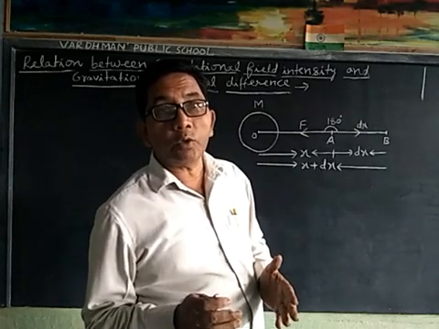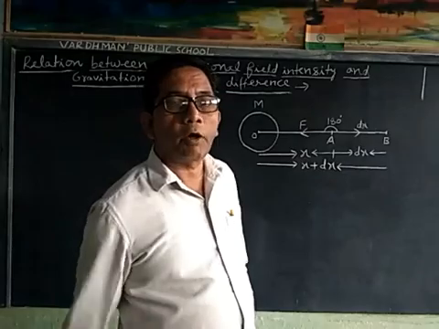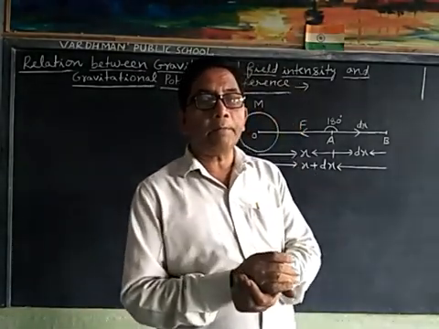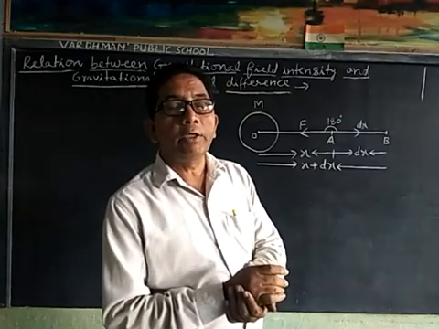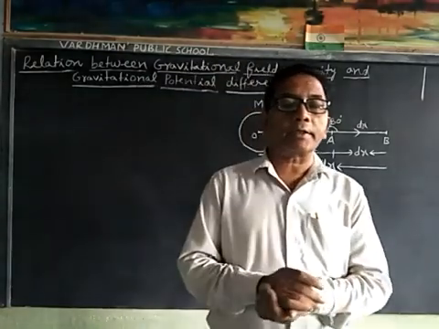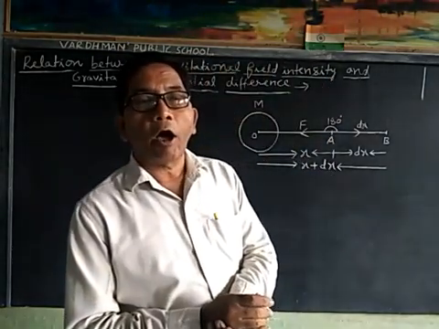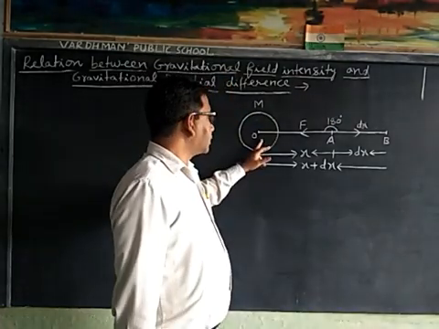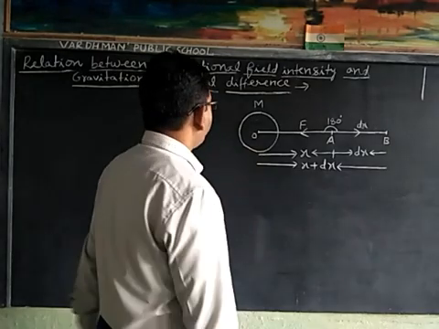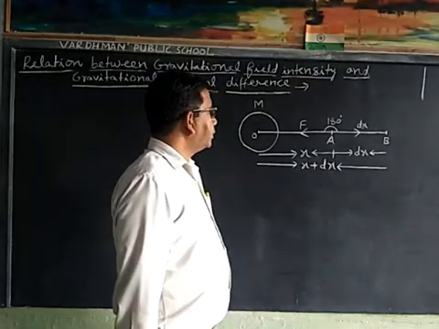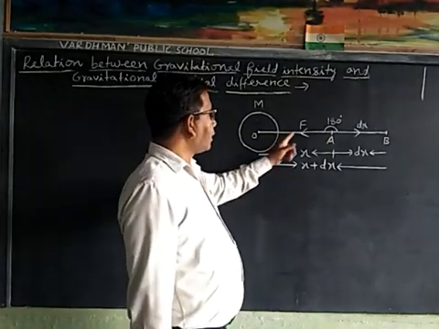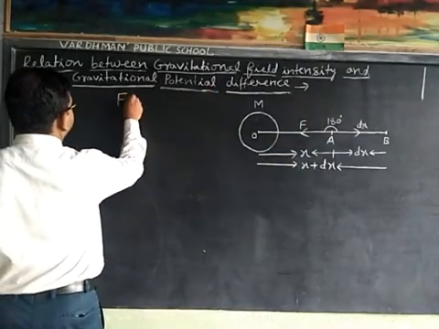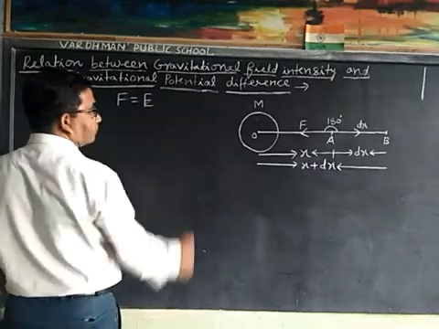This is equal to E. By definition of gravitational field intensity, the force experienced by a unit mass at A or B, that is F, is equal to E.